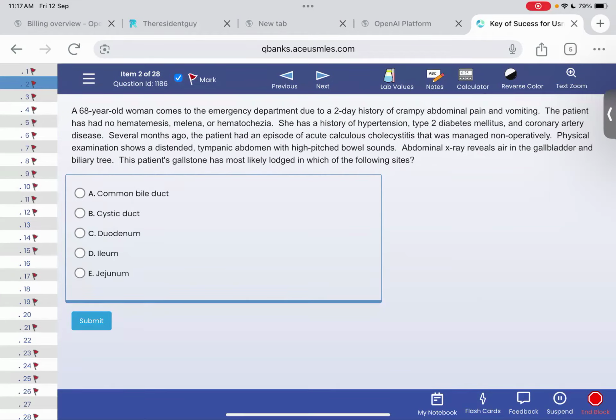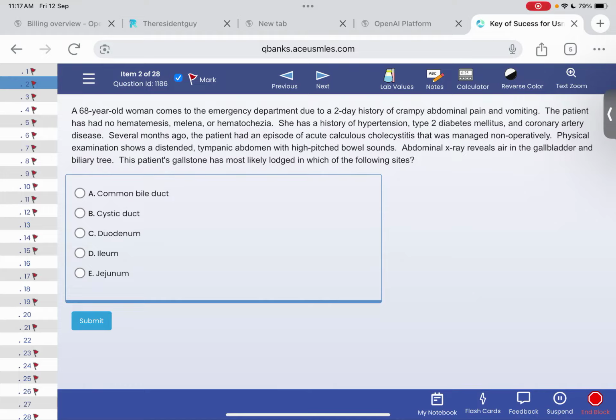This patient's gallstone has most likely lodged in which of the following sites? A 68-year-old woman comes to the emergency department due to a 2-day history of crampy abdominal pain and vomiting. The patient has had no hematemesis, melena, or hematochezia. She has a history of hypertension, type 2 diabetes, and coronary artery disease.